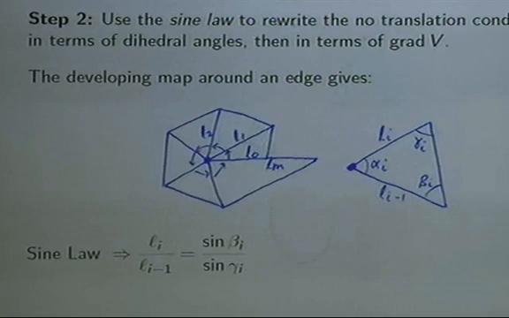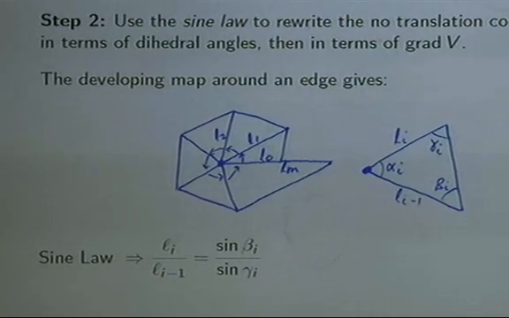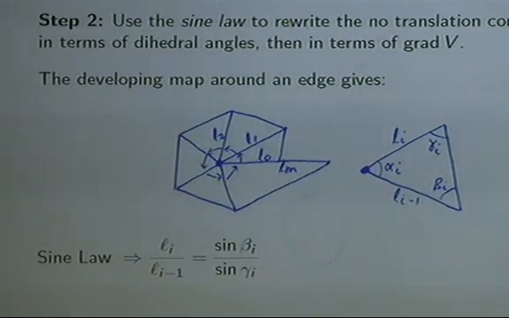So let's see. We want to think about what a developing map looks like around an edge. So you see some Euclidean triangle, then the next triangle, and so on. When you go around, the angle sum condition means all these angles add up to 2 pi, but we might end up with a different length to what we started with.